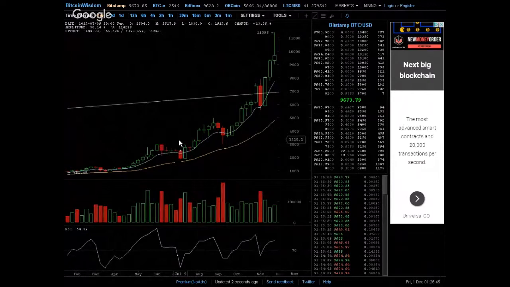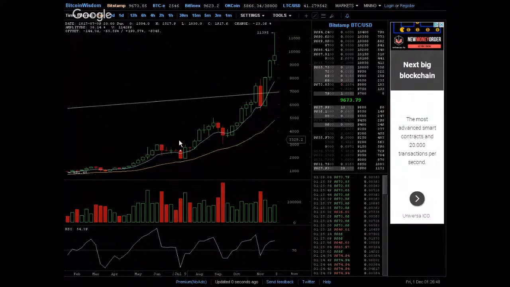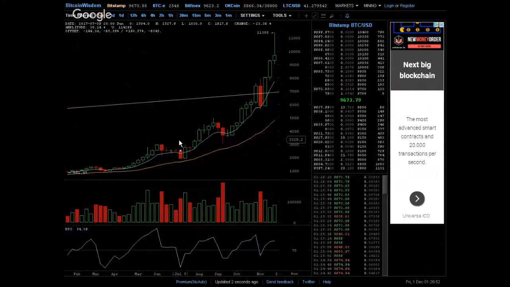There's that long-term trend line. Looks like the price is $9,673.79 on Bitstamp, and it's pretty much almost the same on Bitfinex. I'm a little surprised.